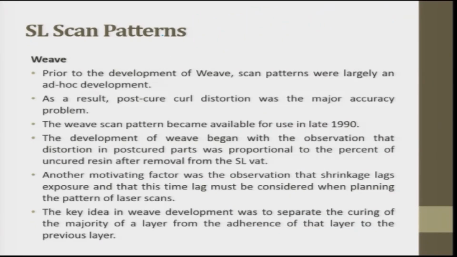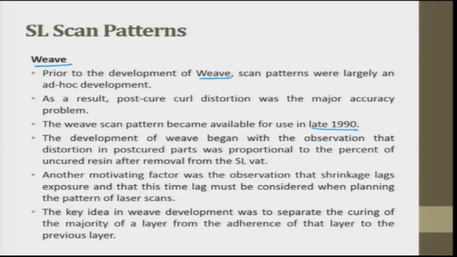SL scan patterns: weave. Prior to the development of weave, scan patterns were largely an ad hoc development. As a result, post-cure curl distortion was the major accuracy problem. The weave scan pattern became available to use in the late 1990s.